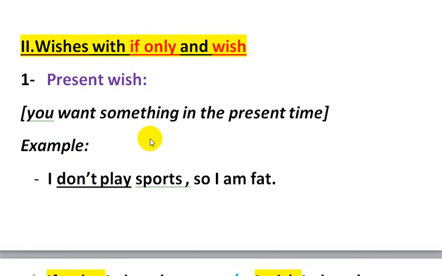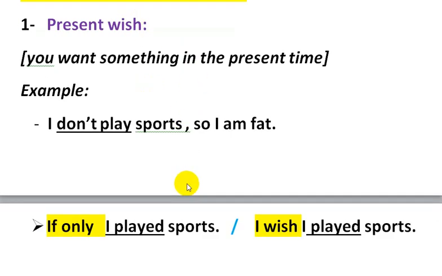So let's start with the present. How do we express wishes in the present? So in the present, when you want something in the present time, for example, I don't play sports, so I'm fat, and I'd like to use one of these forms, wish or if only. Nice. I would say, if only I played sports, or I wish I played sports.